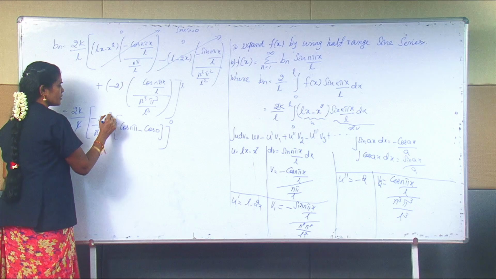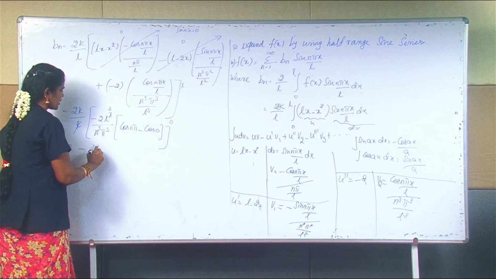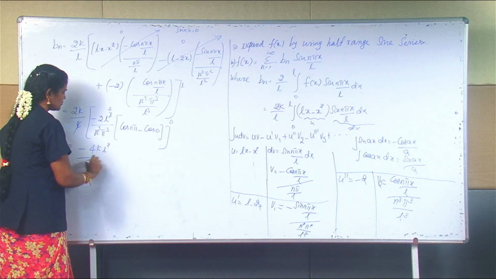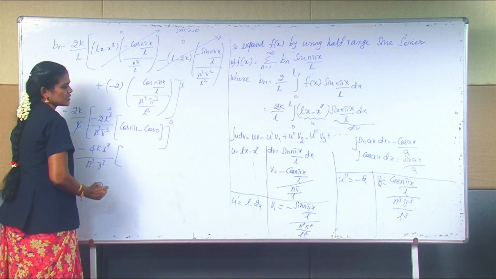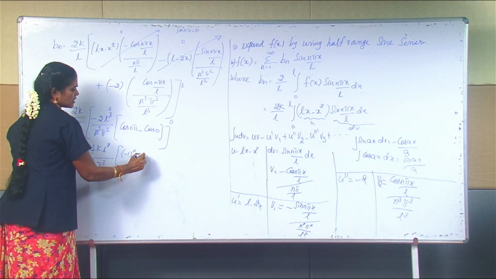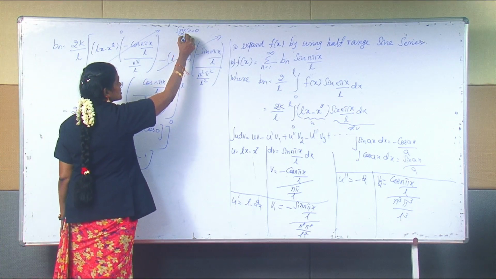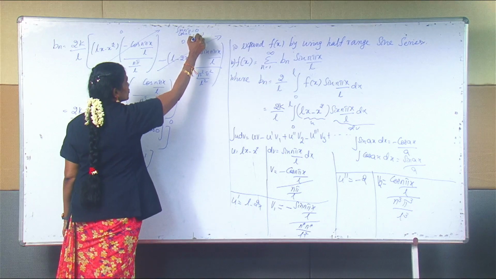So, L and L cube get cancelled, it becomes L square, and it becomes minus 4k L square divided by n cube pi cube into cos n pi value, which is minus 1 the whole power n, minus cos 0 value, which is 1. Sin n pi value is 0 and cos n pi value is always minus 1 the whole power n.